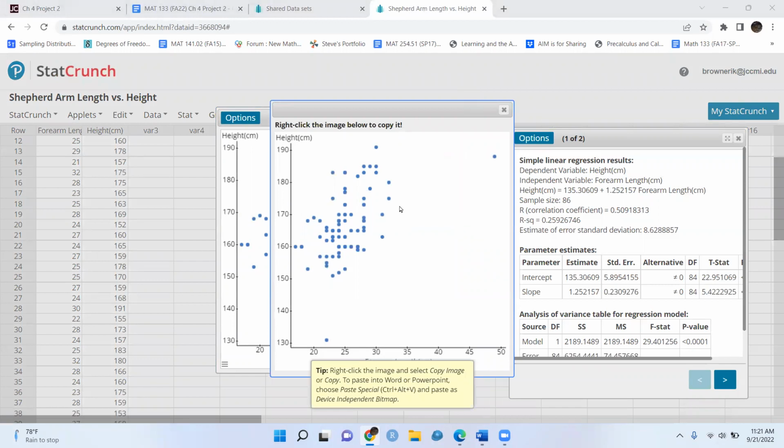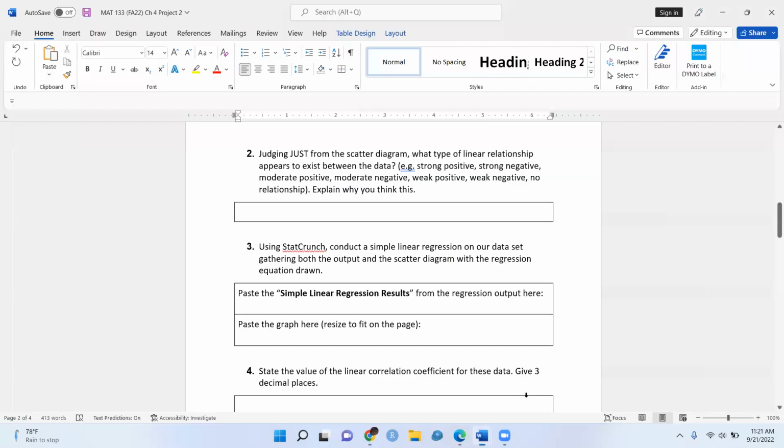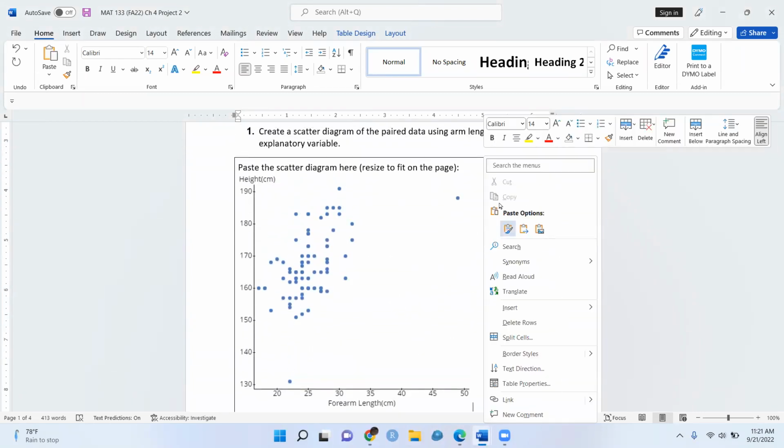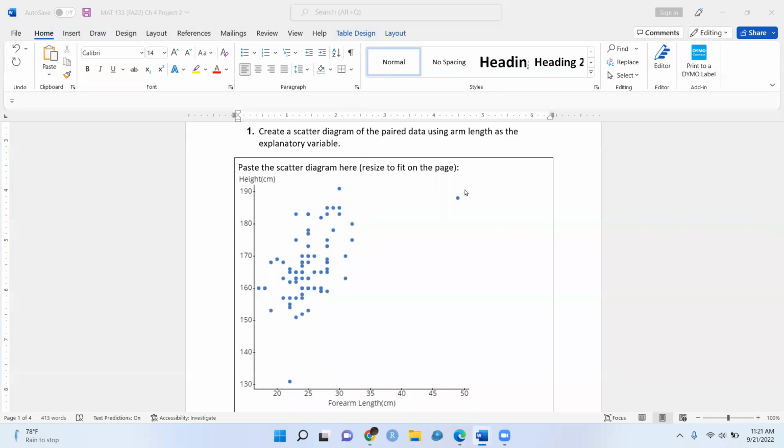Yeah, you have to do this for the Mac, I remember, because I had some people in my in-person class have that problem. Then you right click and paste. Did you get it to work, Brianna, or did you not?